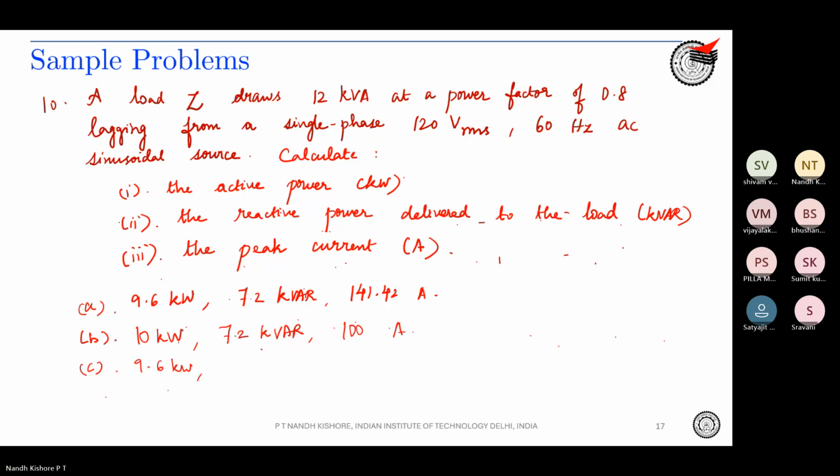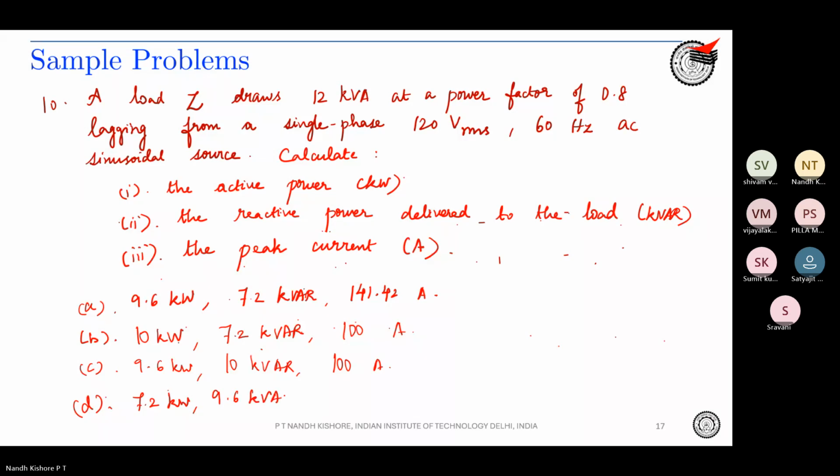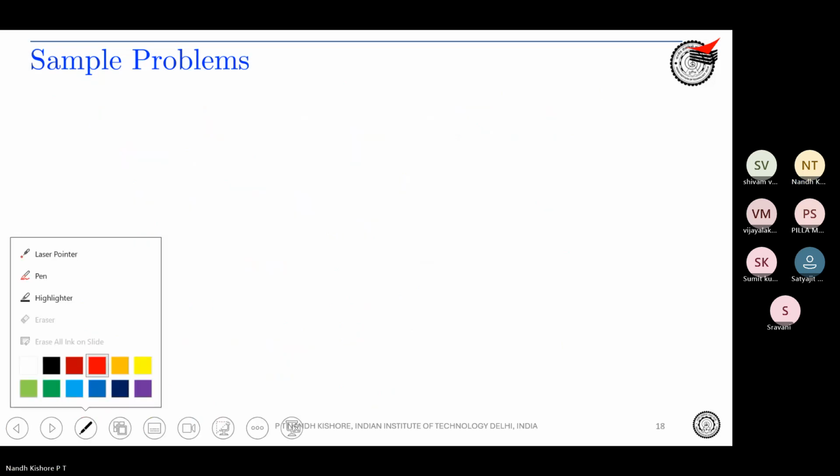Then 9.6 kilowatt. So they have given you the apparent power, power factor, and the AC RMS value. Okay, so let's do this.